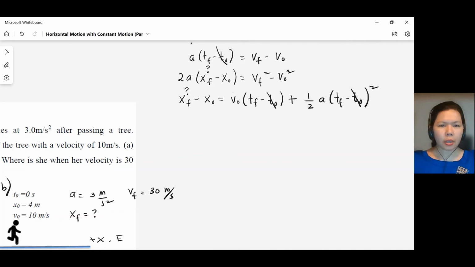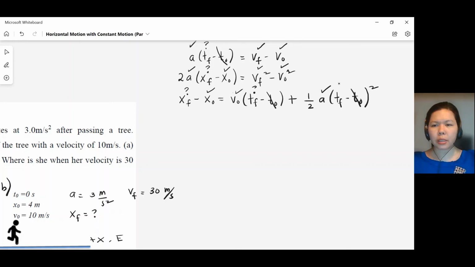Let's now do a checking. We have A available. T final is not available. Unknown. V final is, we have this given. V initial, check. A is given. X naught is also given. V final, given. V initial, given. And we have X naught, given. V initial, we have. T final, we don't have. A, yes, we have.